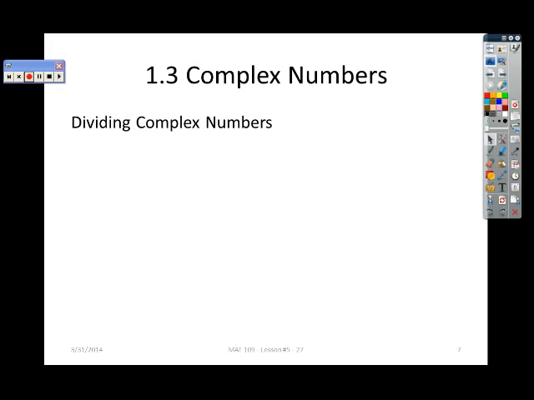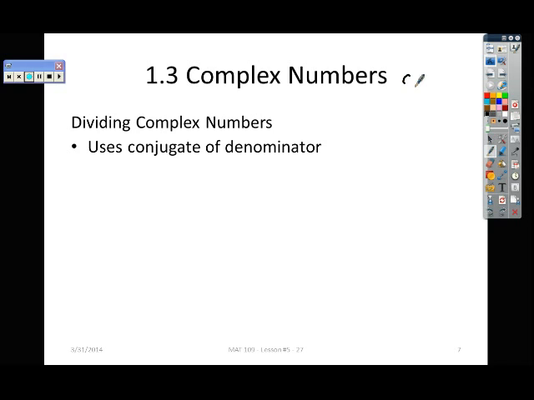Dividing complex numbers is a little more complicated. To divide complex numbers, you have to use what's called the conjugate of a complex number. Complex number has 2 parts, a real part and an imaginary part. That's the general form of a complex number.